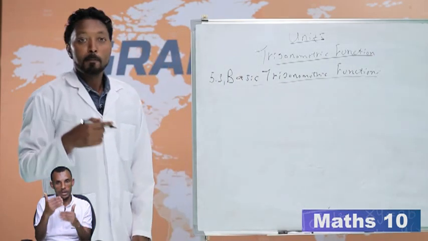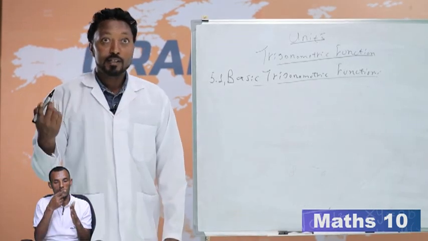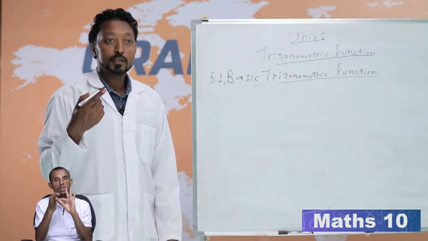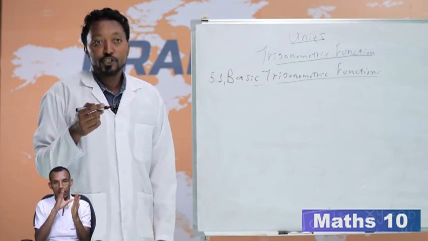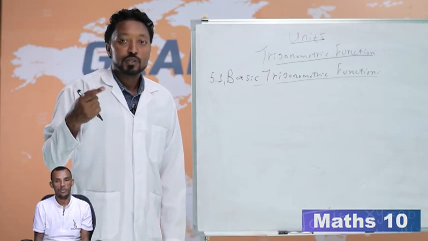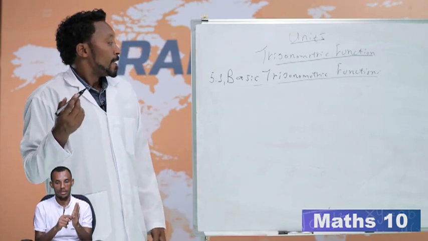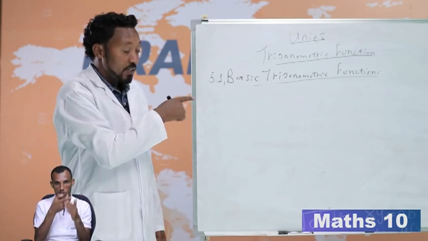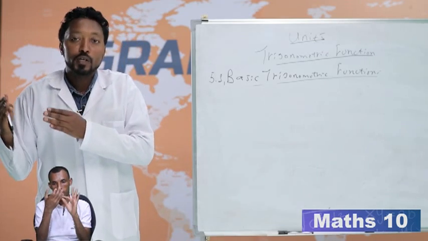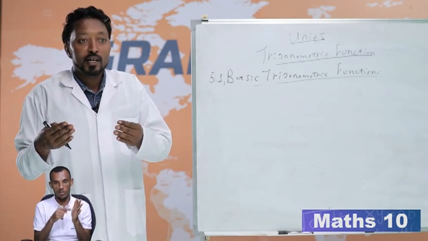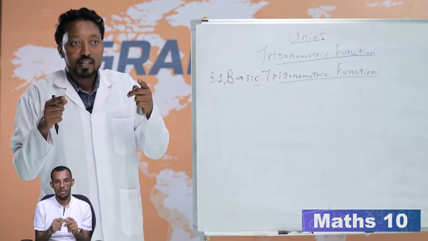The next part, what is the definition of sine, cos, and tan? That means the basic definition of sine, cos, and tan using a right angle triangle.